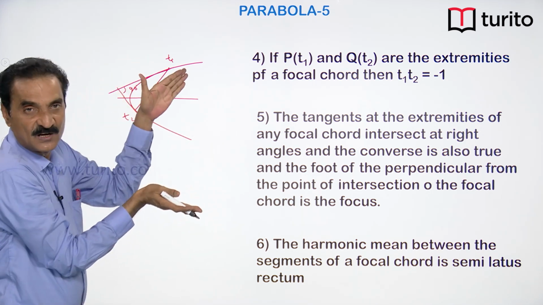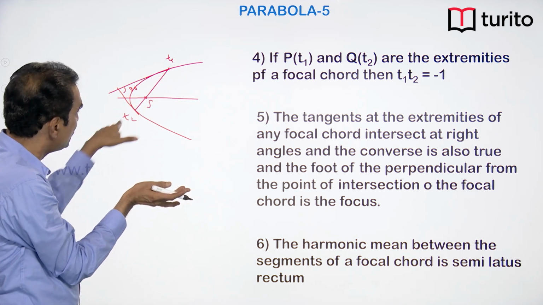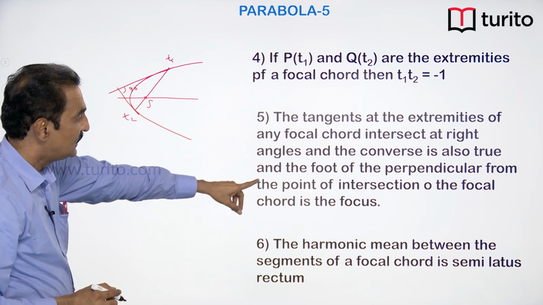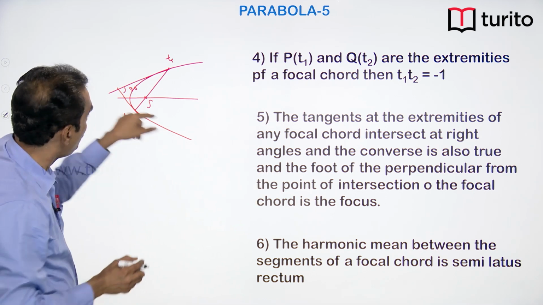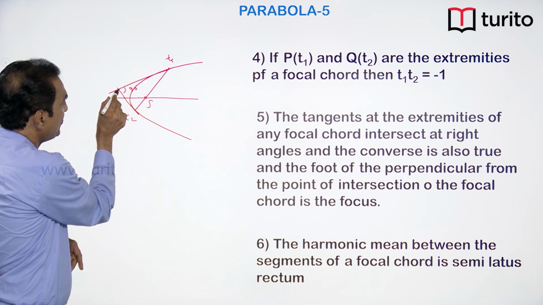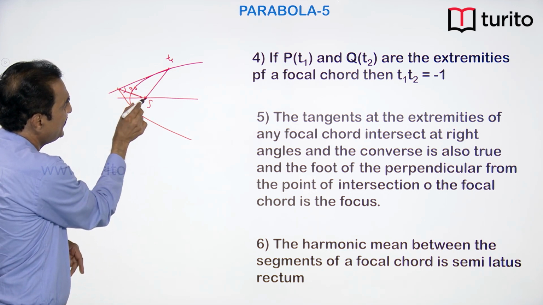Whenever two tangents are perpendicular to each other, the chord joining the points of contact is the focal chord. And if two tangents are perpendicular, the foot of the perpendicular from the point of intersection on the chord will be the focus.